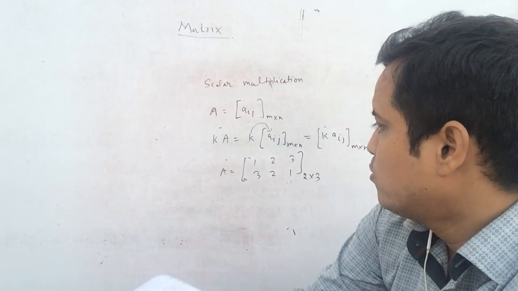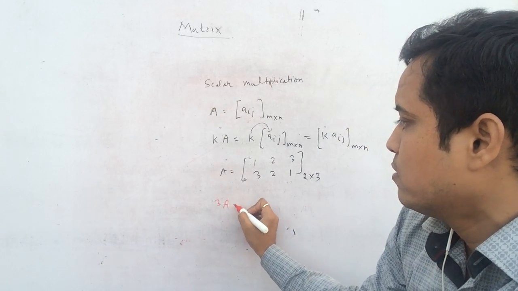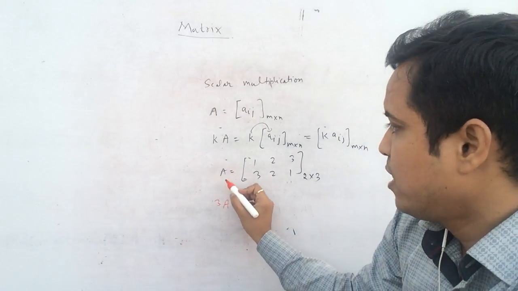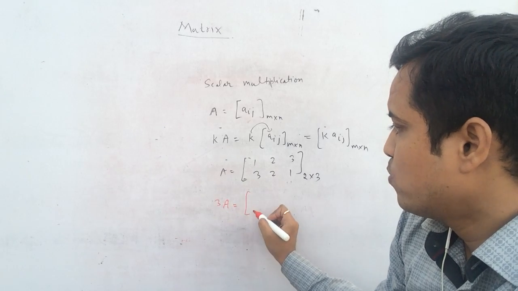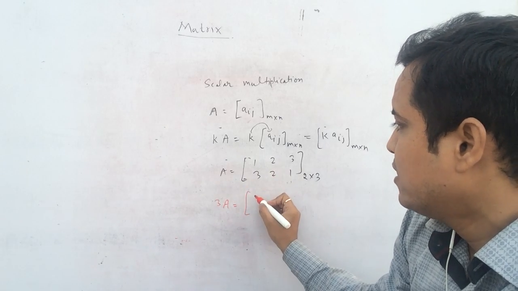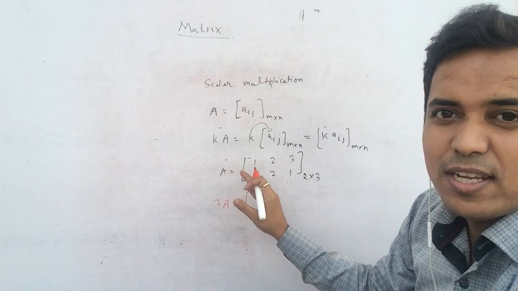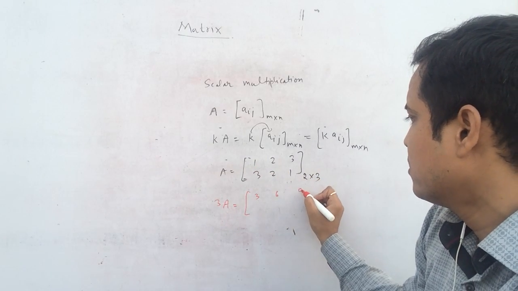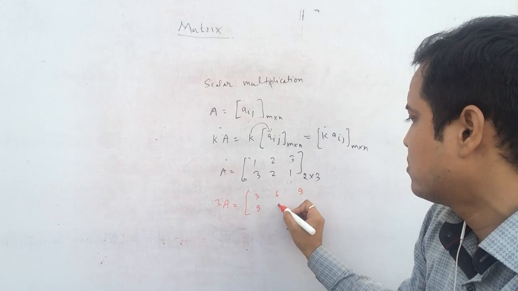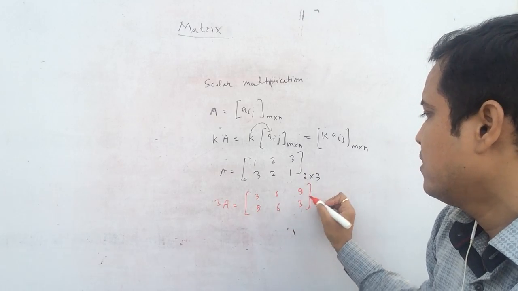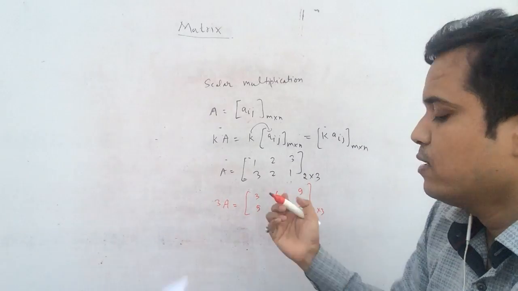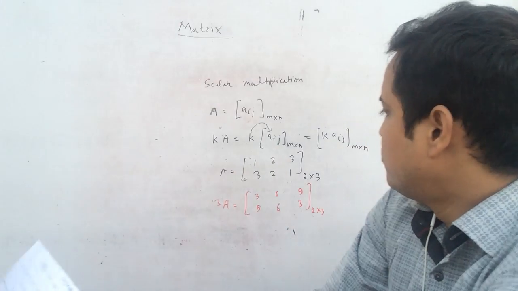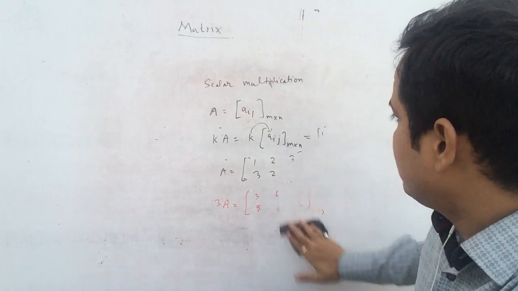If you want to find 3 times A, you are multiplying A by a scalar. 3 will go inside and be multiplied by each and every element: 3 ones are 3, 3 twos are 6, 3 threes are 9, 3 threes are 9, 3 twos are 6, 3 ones are 3. The order remains the same.